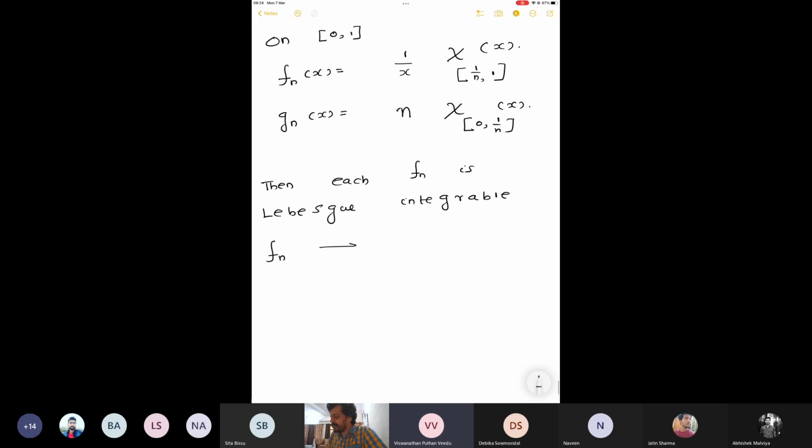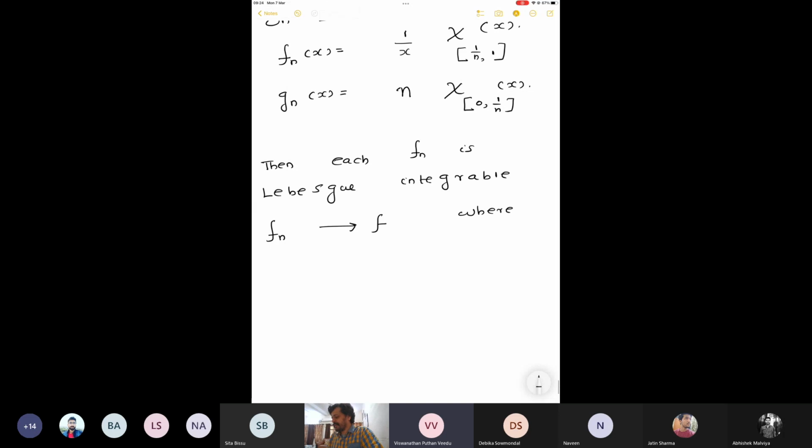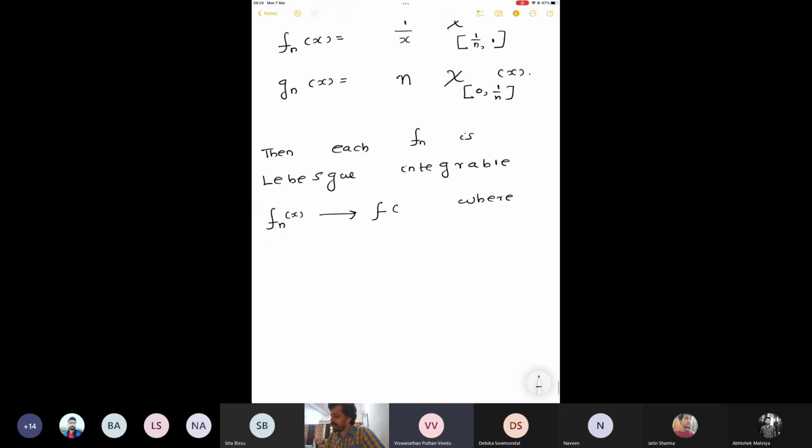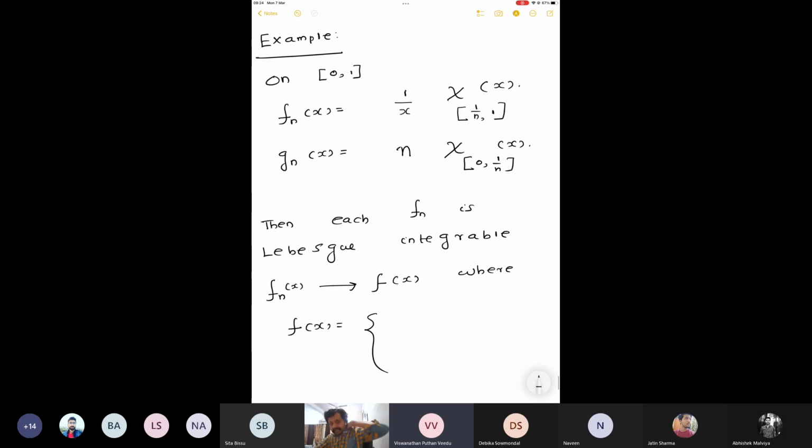f_n converges to f, where f_n(x) converges to f(x), pointwise convergence only, where f(x) is, you can guess, as n tends to infinity, this chi will become chi on (0,1], so this will be on the entire [0,1].